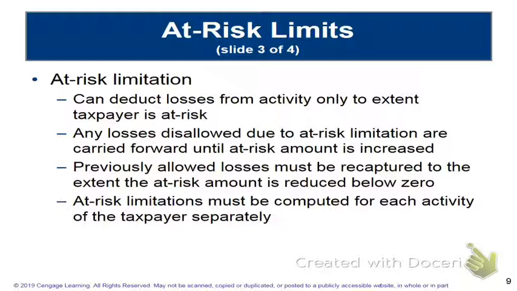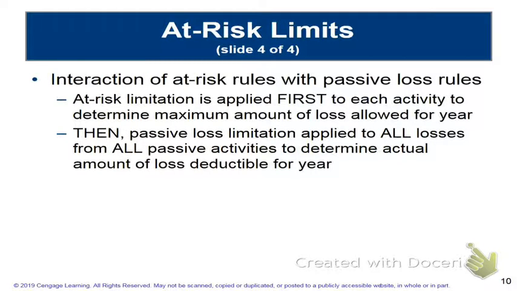So if you have multiple activities and each taxpayer is in it, then that's fine. All right, at-risk is applied first to each activity to determine a maximum allowed for each year. Then passive loss limitations are applied to all losses from all passive activities. So first you figure out what's at risk, then you apply your passive loss limitations.